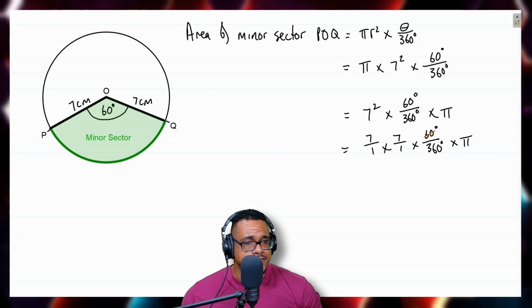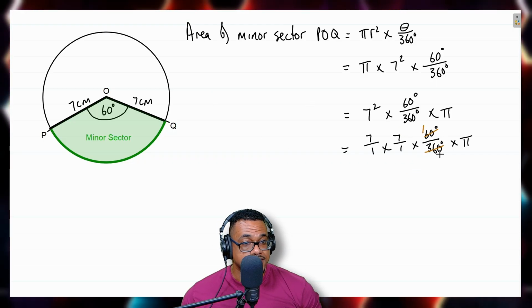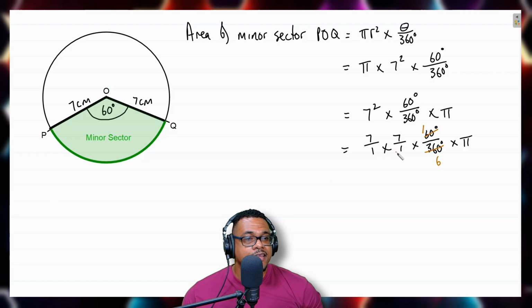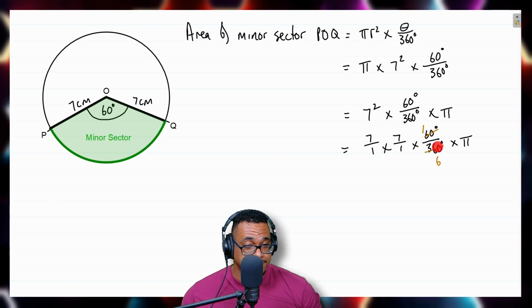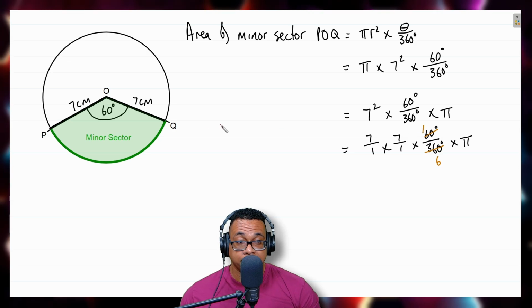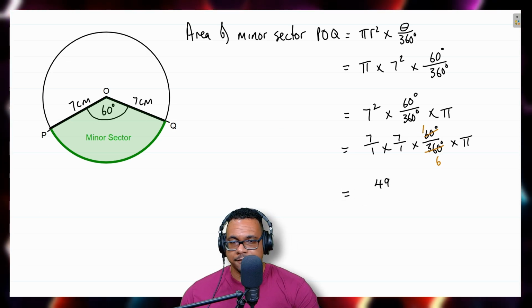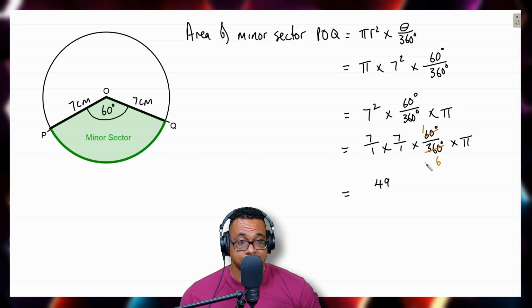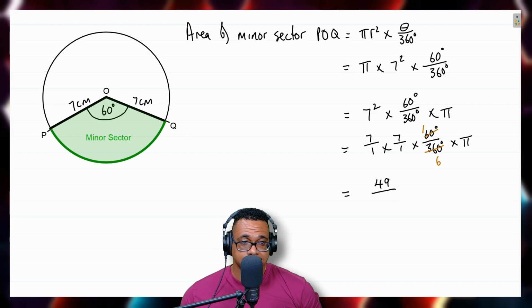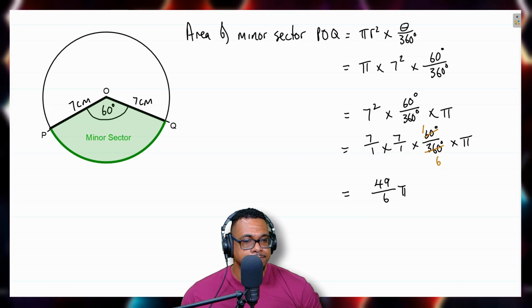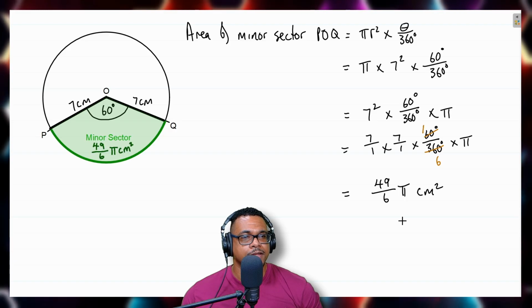So again, 6 into 60 is 1, 6 into 360 is 6. And there's nothing else that will cancel. So I'll have 7 by 7 by 1, which is just 49. So my numerator is 49. And for a denominator, we'll have 1 by 1 by 6, which is just 6, times pi centimeters squared.